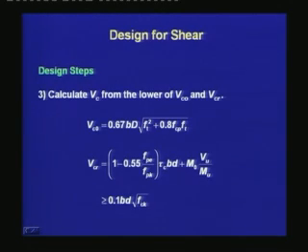The third step is to calculate Vc from the lower of Vc0 and Vcr. In my previous lecture, we studied that there are two expressions of the capacity of concrete to resist shear. One is for an uncracked section, which is denoted as Vc0, and another is for a cracked section, which is denoted as Vcr.